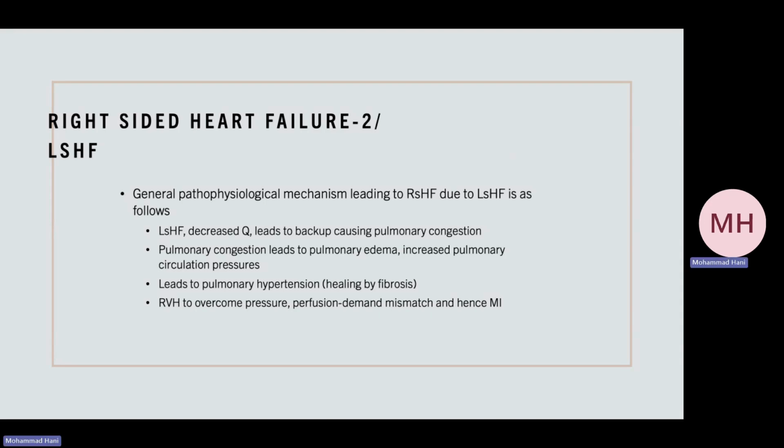Then what happens is that the right ventricle hypertrophies enough, and then you get a perfusion demand mismatch. So there is more demand for oxygen and the nutrients. However, the supply is the same or less if there is any underlying condition such as atherosclerosis or coronary artery disease.